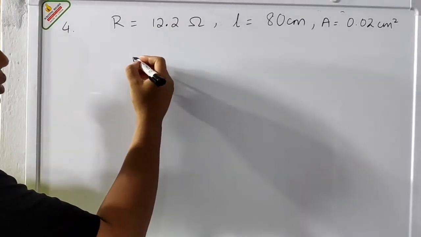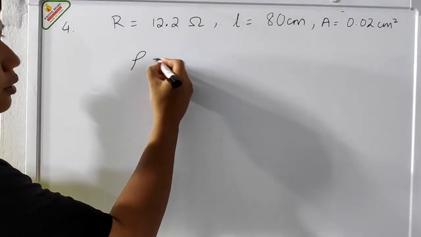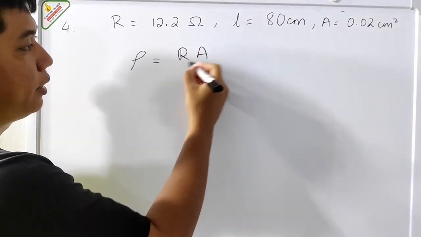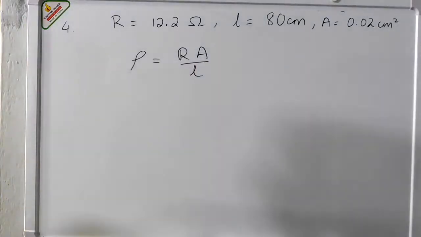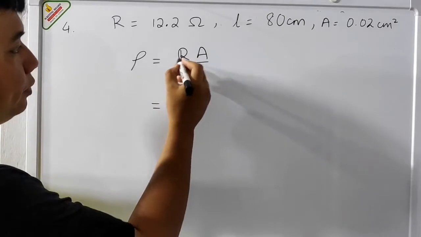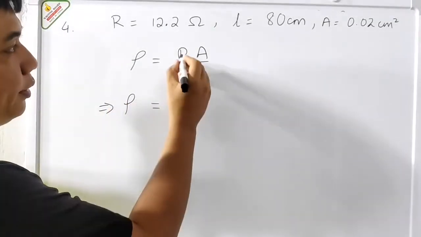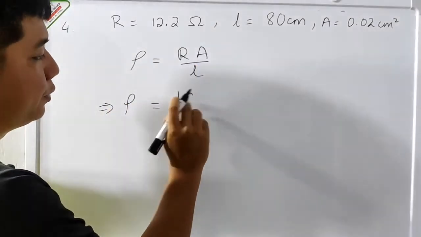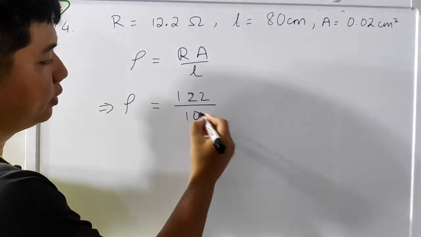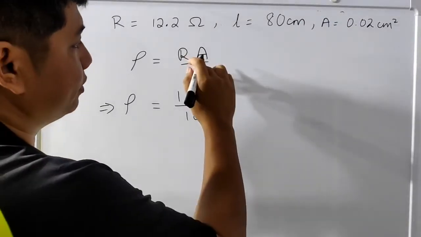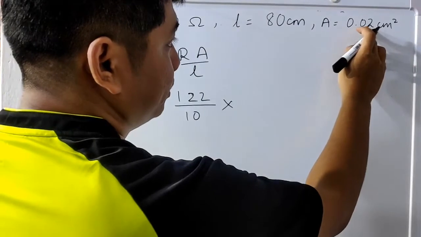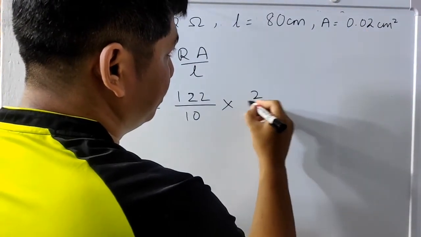To calculate the resistivity, it is RA by L. Let us put the value. R is 12.2. 12.2 is 122 by 10. A is 0.02, so it is 2 by 100.